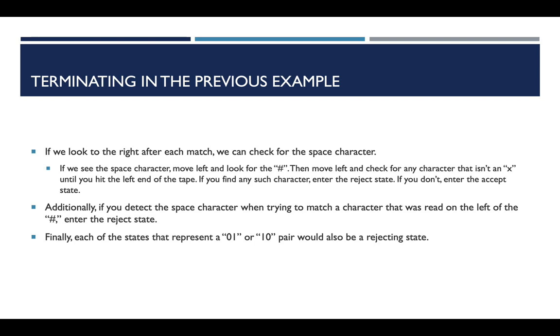Also, if you ever find yourself moving into a state 0,1 or 1,0, you can move from either of those states to a rejecting state, because you found a pair of characters at position i in the strings W that are mismatched. If you find a mismatched pair, the W's cannot possibly be equivalent on either side of the pound sign, and you shouldn't have to compute anything else. You should be rejecting the string.